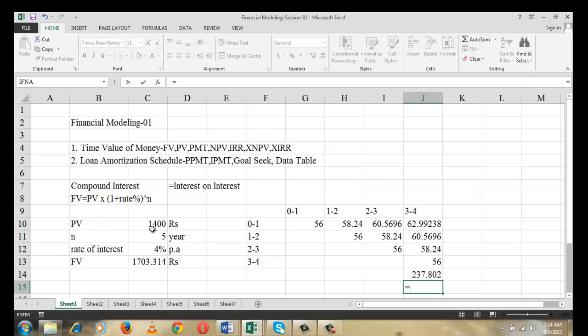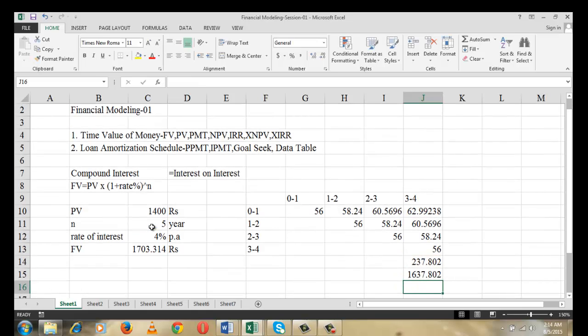If your principal is 1400, and you add 237.802, you get 1637.802 for 4 years.